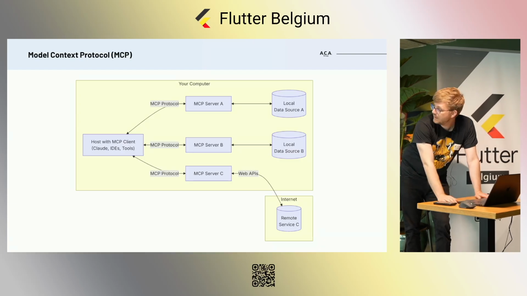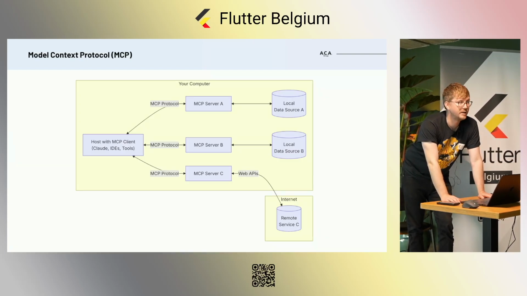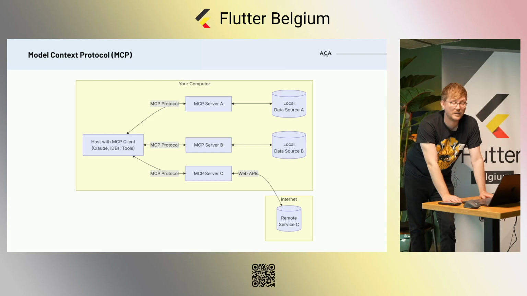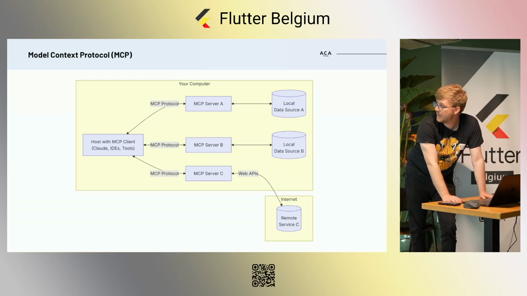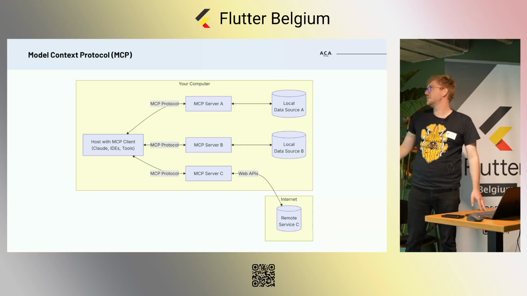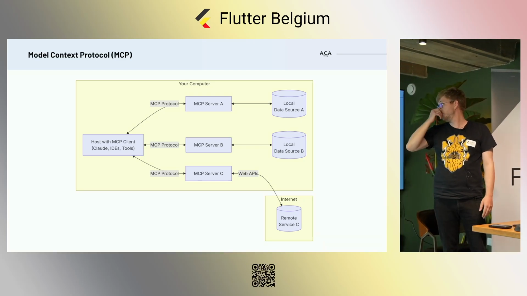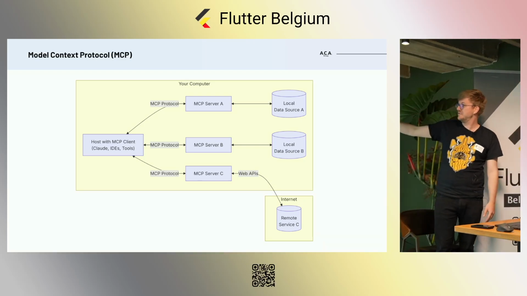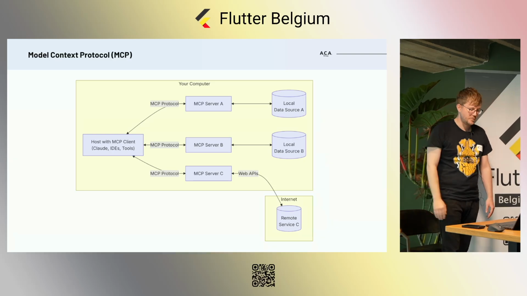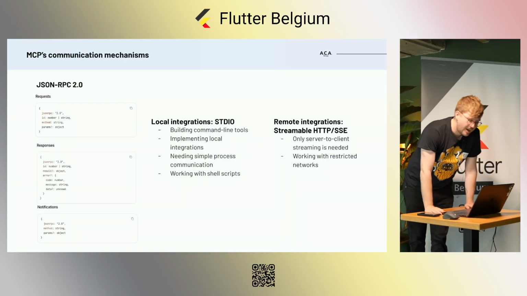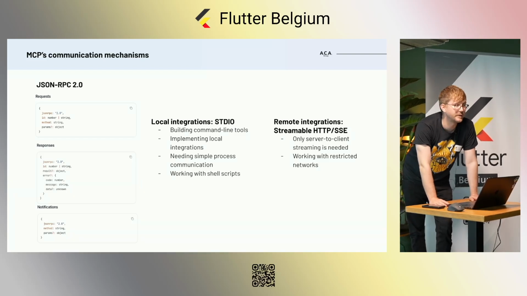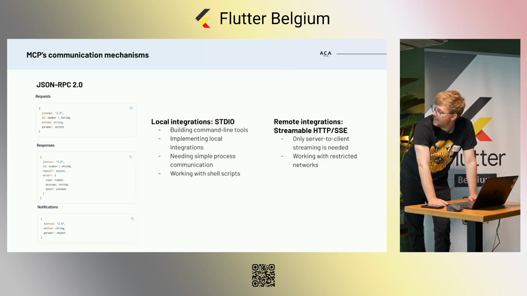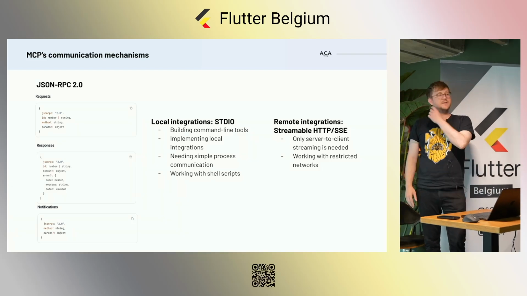What does it look like? You have the host, being your large language model, Claude Desktop, or your IDE like Cursor or Windsurf, which communicates with an MCP server using the protocol, and that can then access your data source or a remote service. Behind the scenes it just uses JSON-RPC: requests, responses, and some notifications. You have two possibilities.